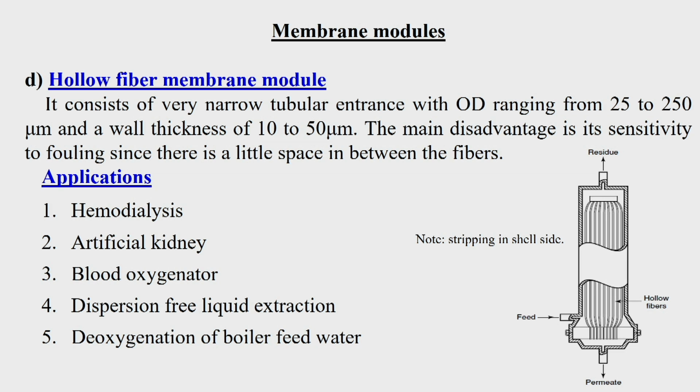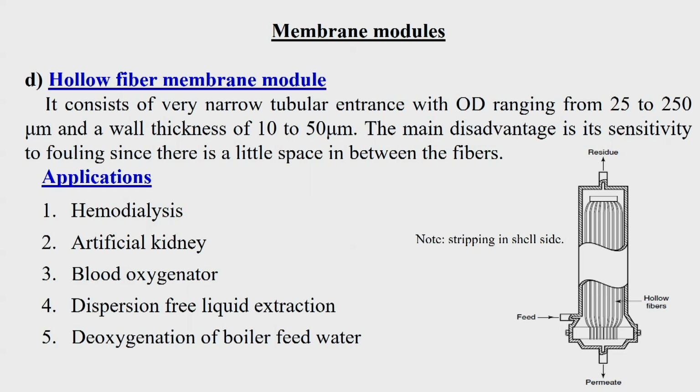Hollow fiber membrane modules or cartridges are mostly used in hemodialysis, artificial kidney, blood oxygenator, dispersion free liquid extraction, deoxygenation of boiler feed water, and many other applications.